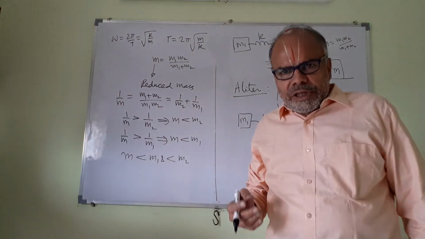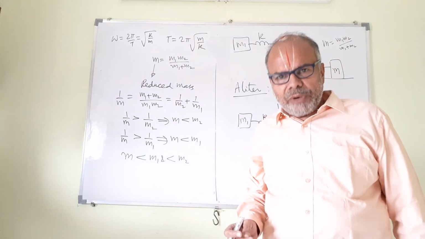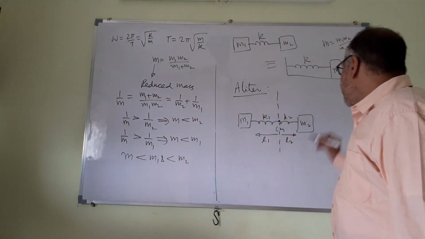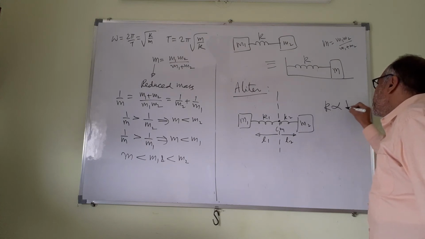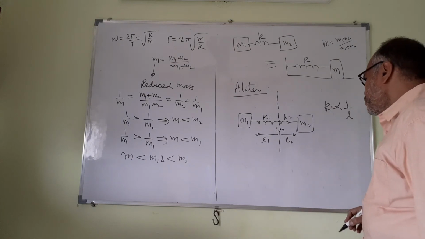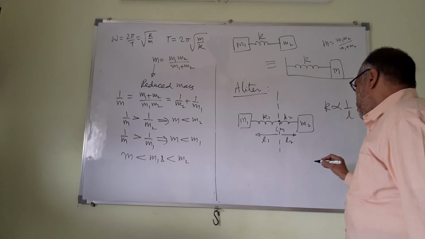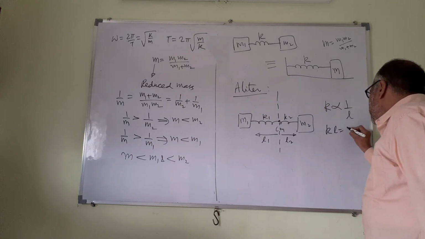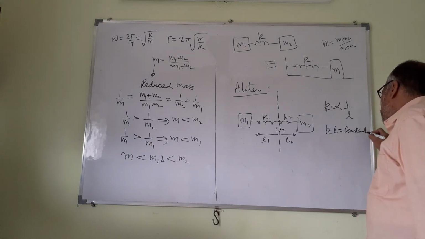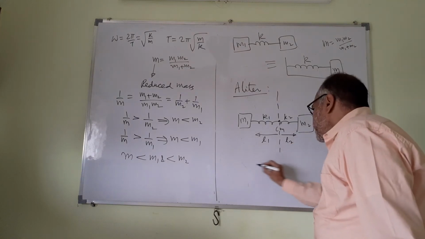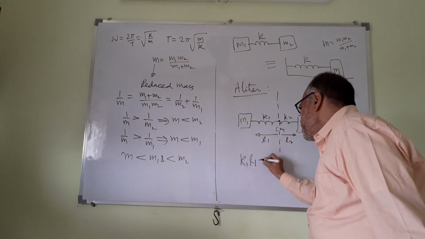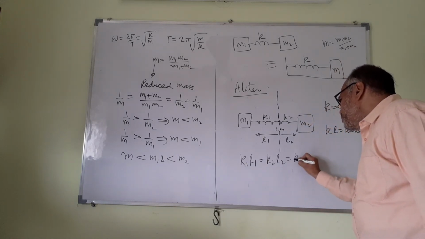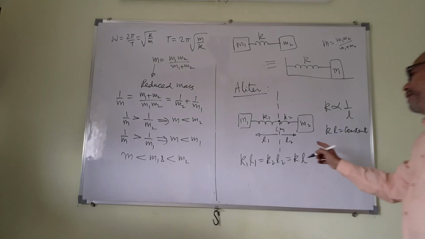Now, we have seen in our video number 8 on springs, cut springs, springs in series, springs in parallel, that the spring constant K is inversely proportional to the length. So here I can therefore say K into L is a constant. Therefore, I can say K1 into L1 is equal to K2 into L2 is equal to K into L, where L is the total length.